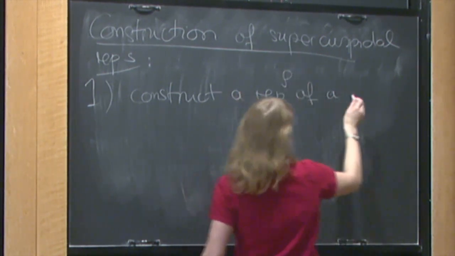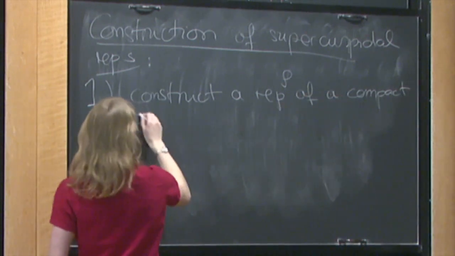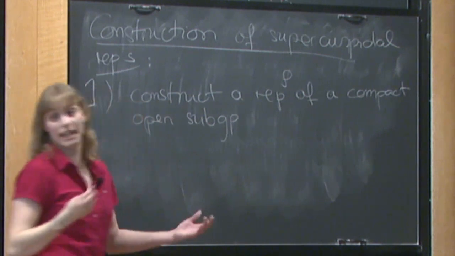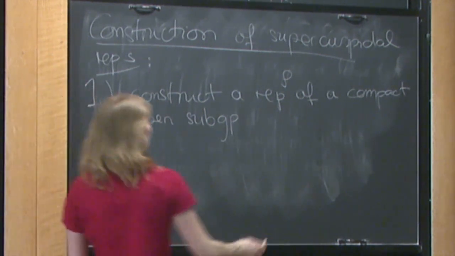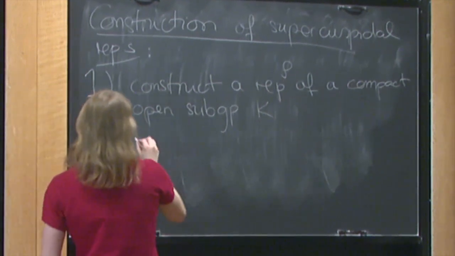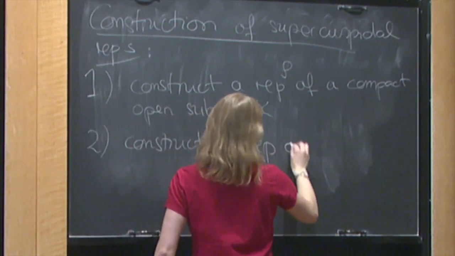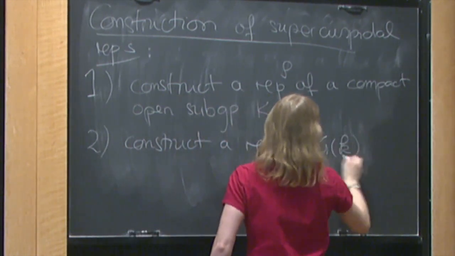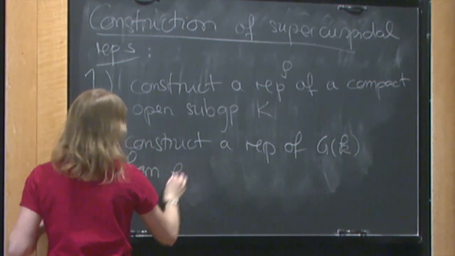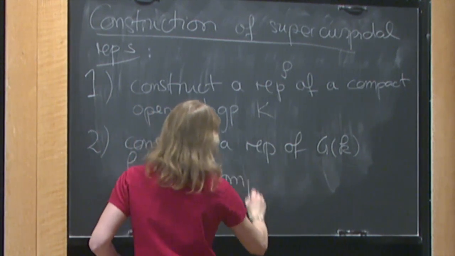Let me call the representation rho of a compact open subgroup, so for example, of GLn of Z_p inside GLn of Q_p. Let's call it K. And the second step is then that you construct a representation of the group G from the representation rho of the compact open subgroup. And this is just compact induction.